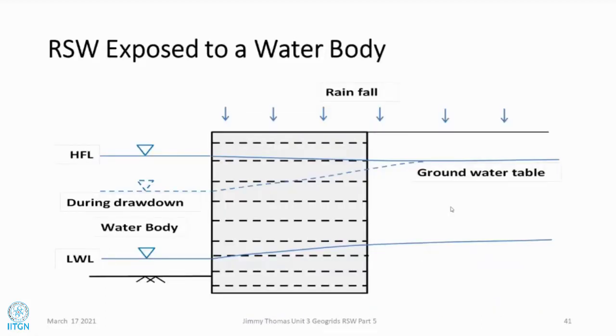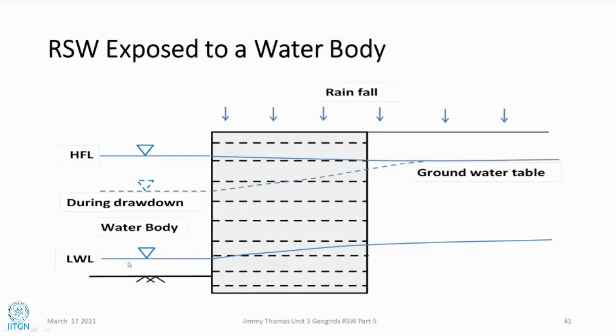The most critical condition is when the reinforced soil structure is exposed to a water body. Suppose it is an approach to a river bridge. During the dry season, the groundwater table may be somewhat low, and the river may be dry.